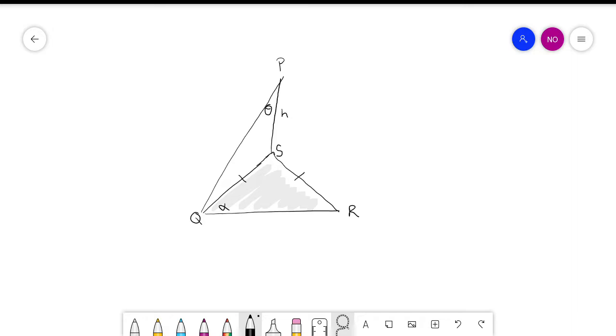In other words, this one is a 90-degree angle. Do you agree?